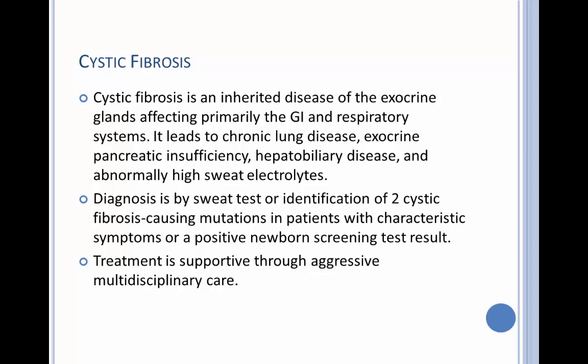The most common gene is a mutation identified on chromosome 7, and what this transmembrane conductance regulator does is act as a cAMP-regulated chloride channel, resulting in chloride and sodium transport across the epithelial membrane.